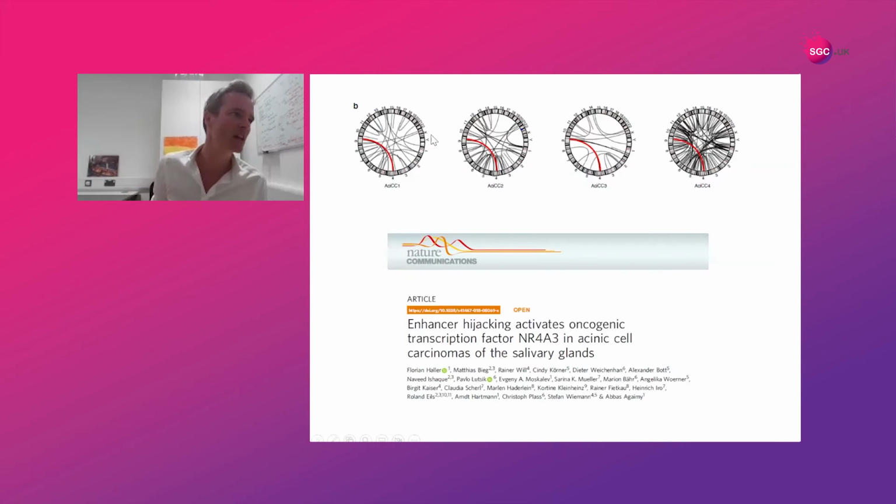The other take-home about these Circos plots is that there's a whole load of other stuff going on in the genomes. All of these black lines represent other genetic changes, and so there are far more genetic alterations in patients with acinic cell than other salivary cancers, such as adenoid cystic carcinoma.